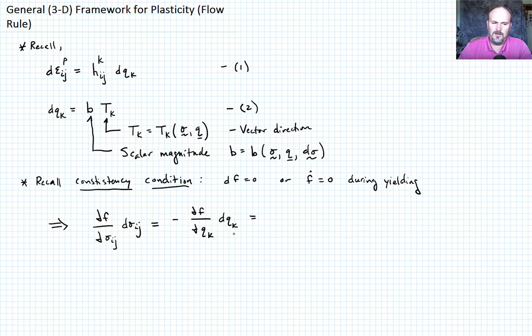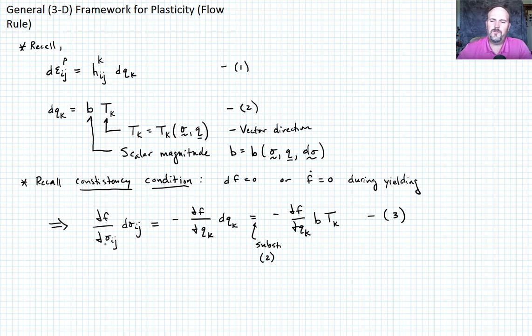If we substitute 2 from above, dq k looks like b times t k, so we can write this as negative partial f with respect to q k times b times t k. Let's call that equation 3.